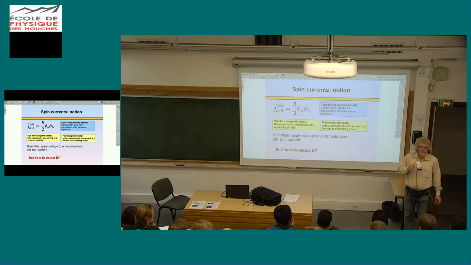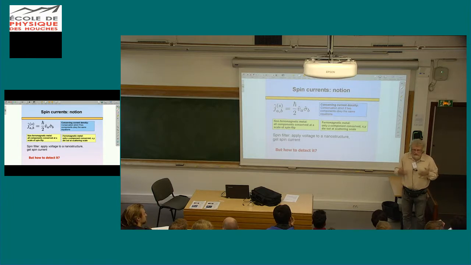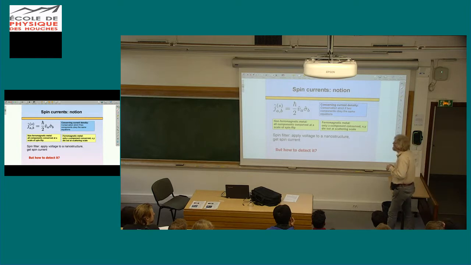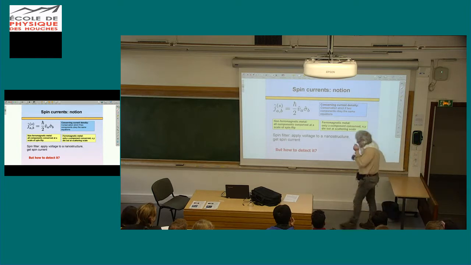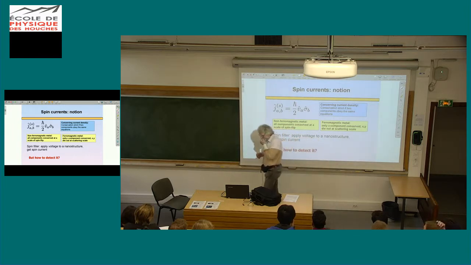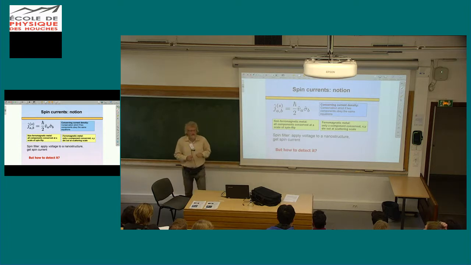Why is it so? Because electrons, in this case, have very different histories. They feel different velocities, they feel different spectrum. So any coherence between electrons of different spins vanishes. So it's spin filtering as well. Only one component is conserved, and all other components vanish very quickly in the ferromagnet.